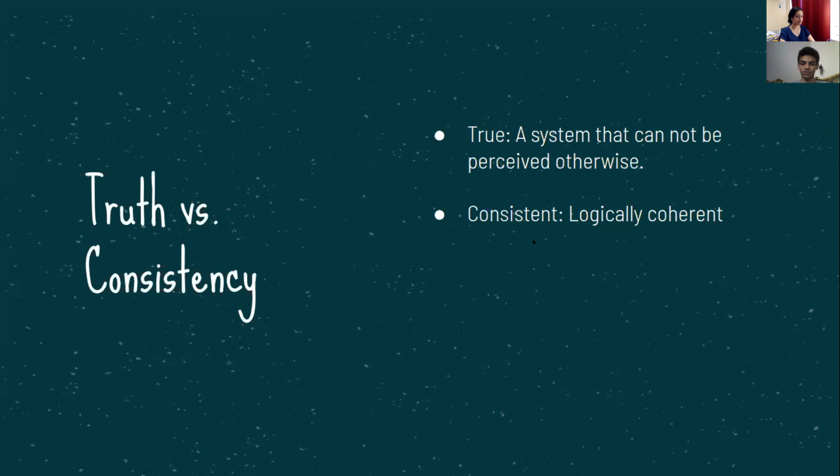It just does not contradict itself, nothing more. But this does not mean that it is true. It might still be false, but it does not contradict itself. It might contradict reality, but not itself. Truth means that it cannot be otherwise. Even if something is logically coherent and does not contradict itself, it might be contradictory to reality. So that's the difference between truth and consistency.